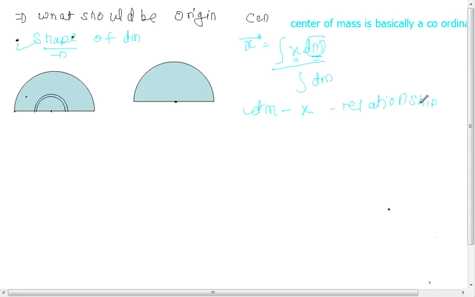Now we are going to encounter this first problem: what should be the origin? Let's suppose this point is my origin. What can I do?